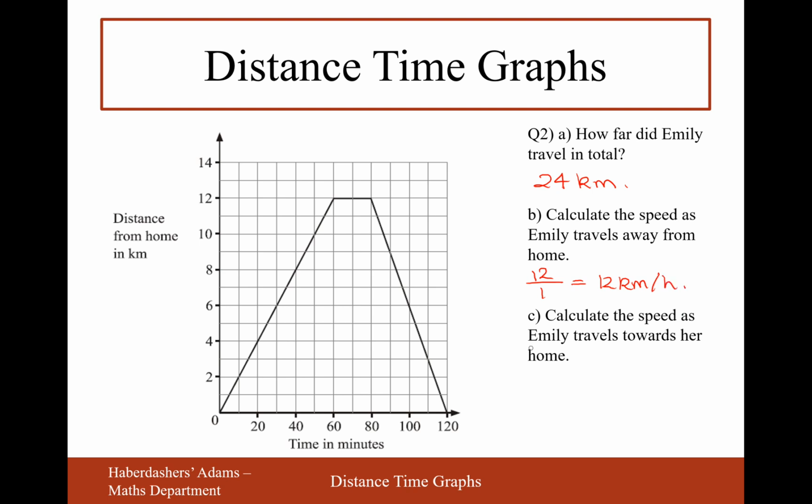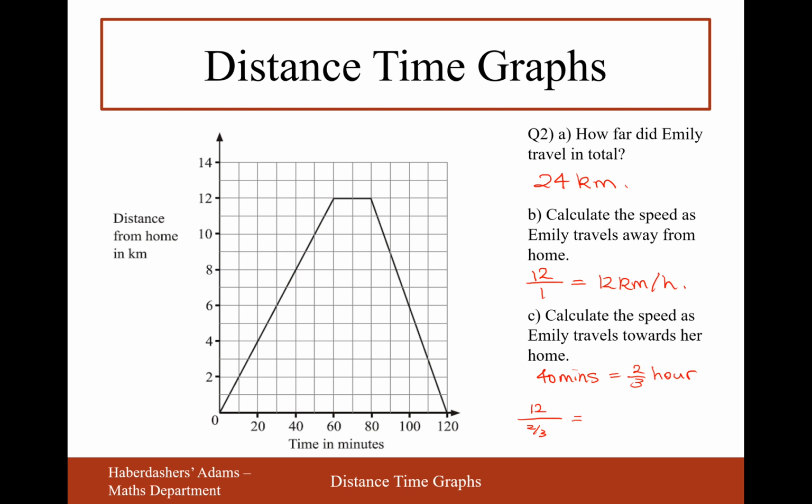And calculate the speed as Emily travels towards her home. Well, that's going from 12 to 0, so that's 12 again. But this is only over 40 minutes, from 80 to 120. Now, 40 minutes needs a quick conversion. 40 minutes is 2/3 of an hour. So we're going to be doing here 12 divided by 2/3.